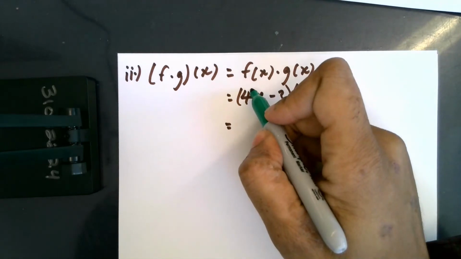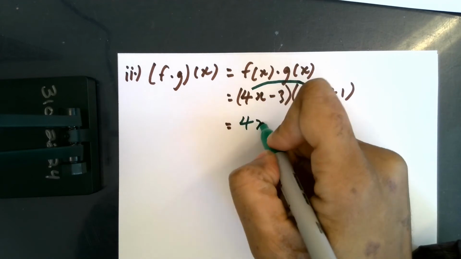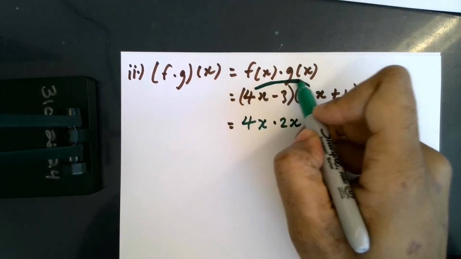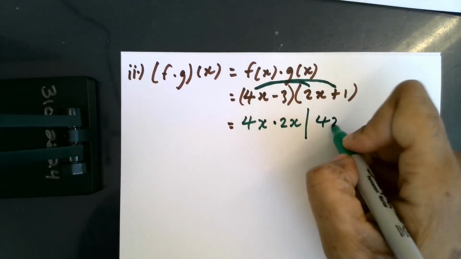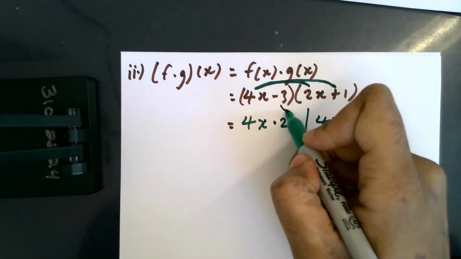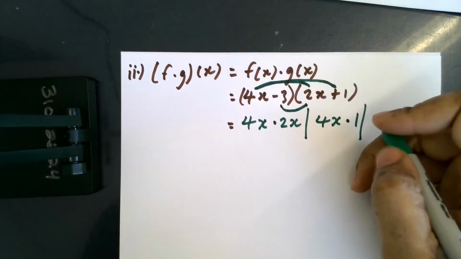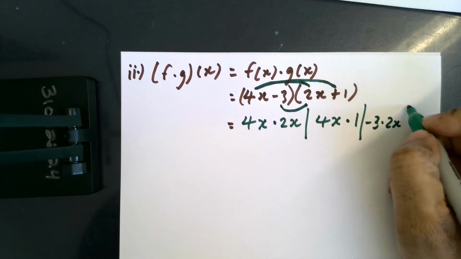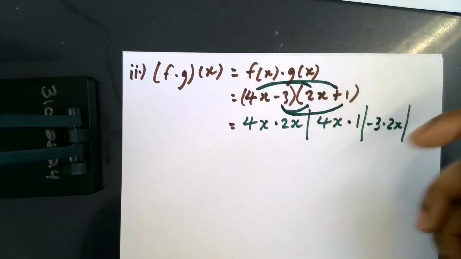So I say 4x times 2x. I say 4x times positive 1. Then I say negative 3 times 2x. And finally, I say negative 3 times 1.